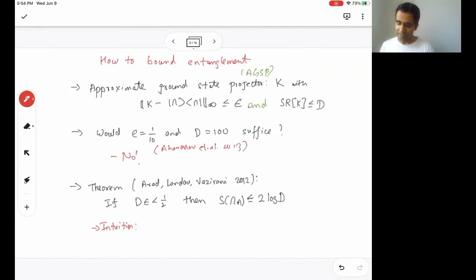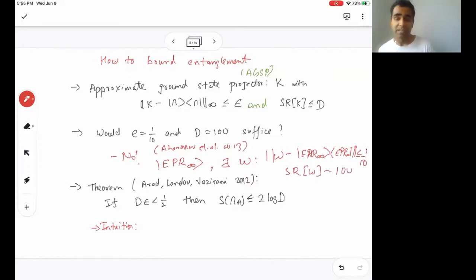It shows that you can have the maximally entangled state of very large dimension, I'm calling it infinity, such that there exists an operator, let me call it W for convenience, which approximates a very large EPR state very well, with some error 1 over 10, but the Schmidt rank of this operator is tiny, let's say 100.